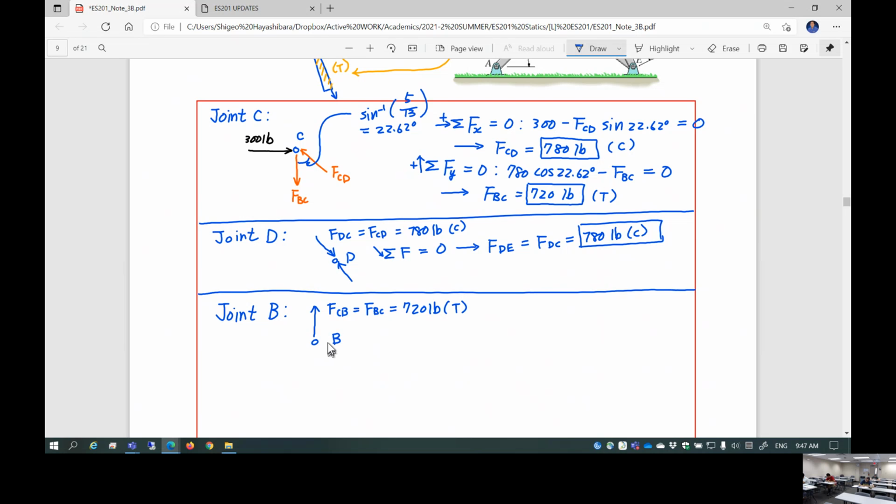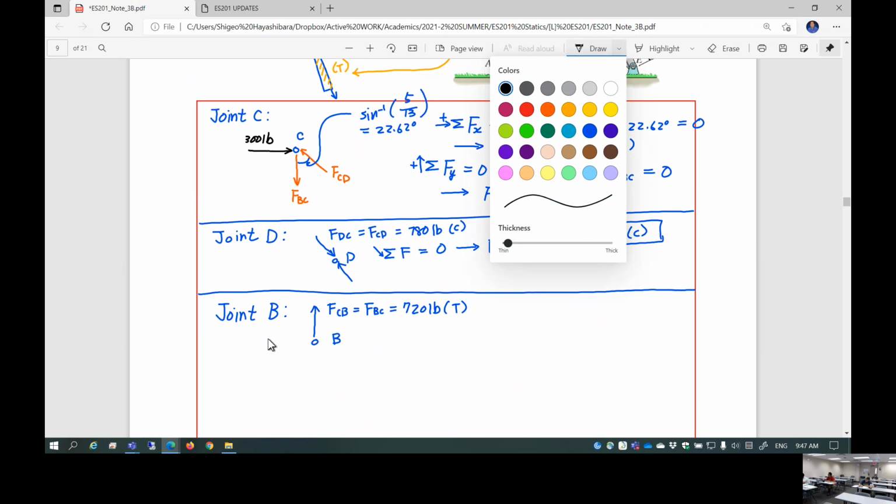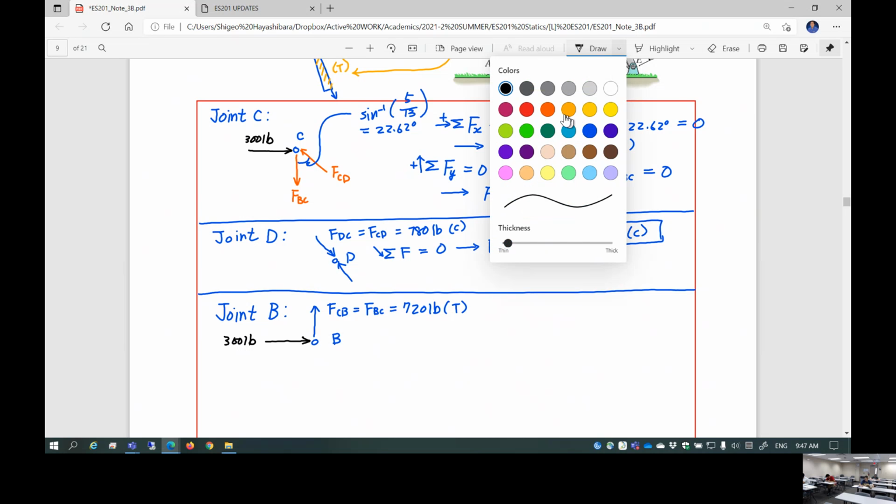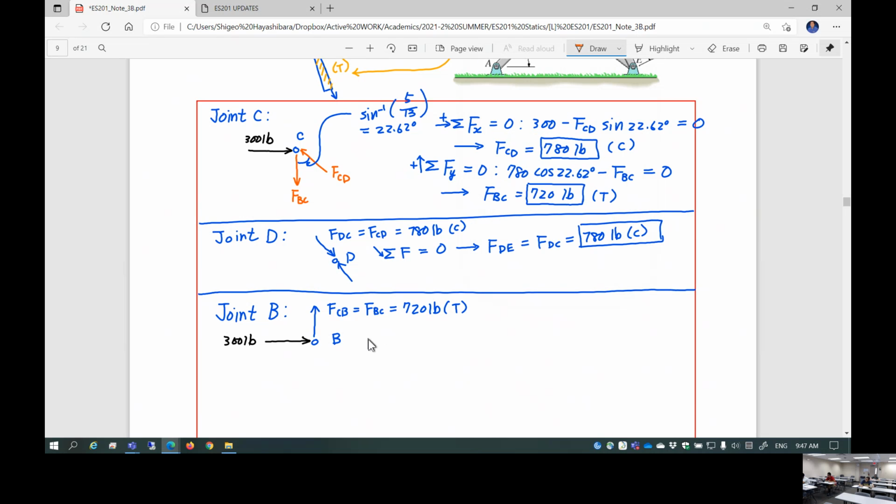And you have an external force, 300 pounds coming in. Then you have two unknowns. One is FBA, sorry, FBA. The other one is FBE.